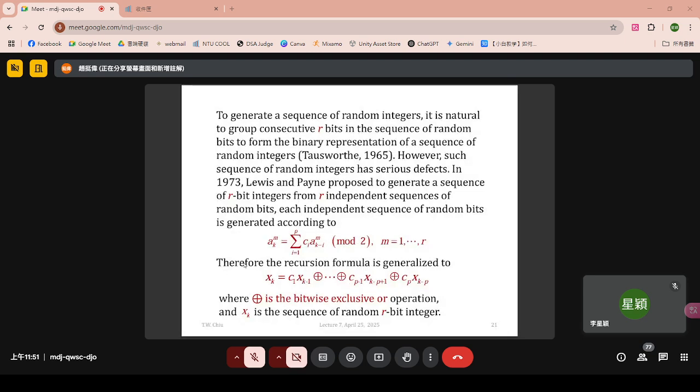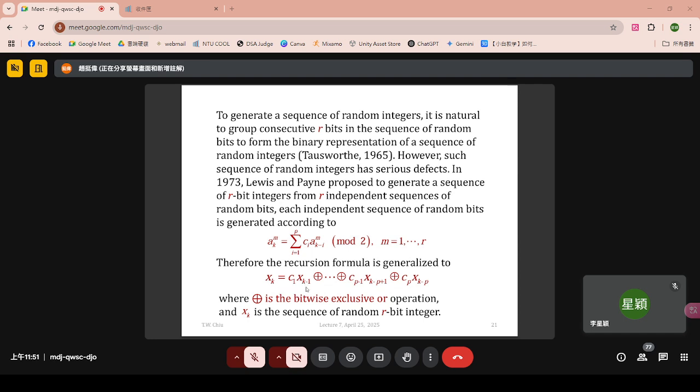To generate a sequence of random integers is a different story, because a random bit is mathematically concrete, with a proof. But for the sequence it is a little different.